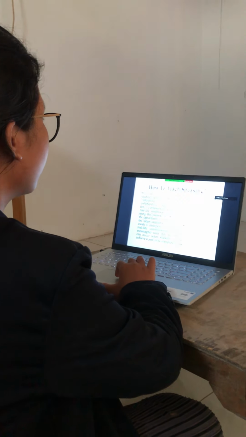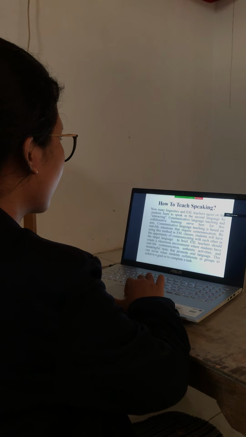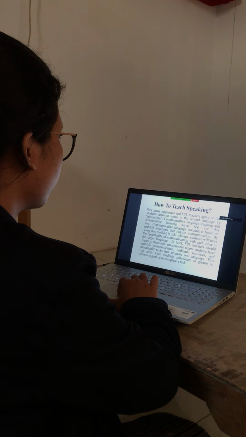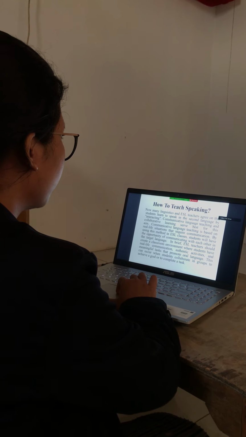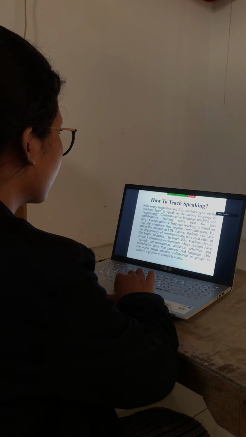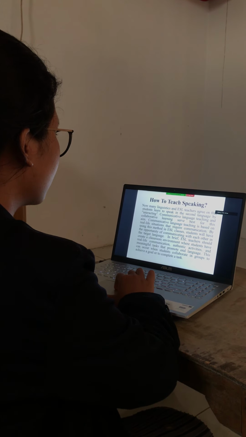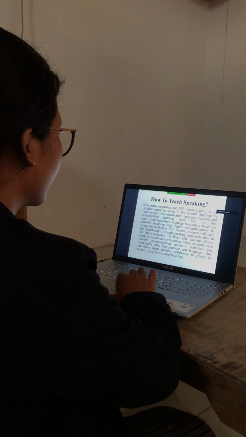And next, how to teach speaking. Now, many linguists and ESL teachers agree that students learn to speak in the second language by interacting. Communicative language teaching and collaborative learning serve best for this aim. Communicative language teaching is based on real-life situations that require communication.